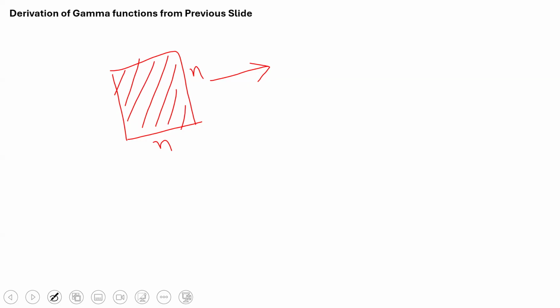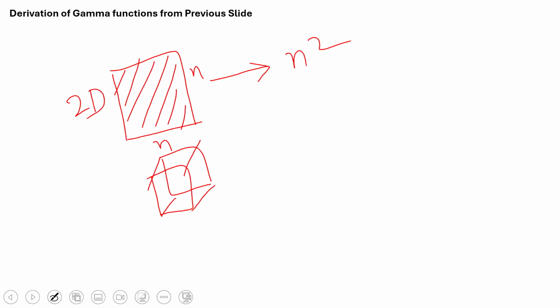The area of a square is n square. And what is the volume of a cube in 3D? It is n cube.